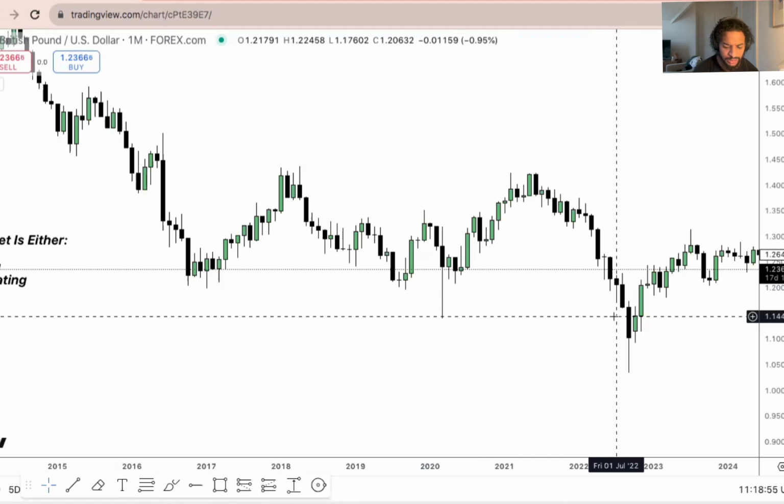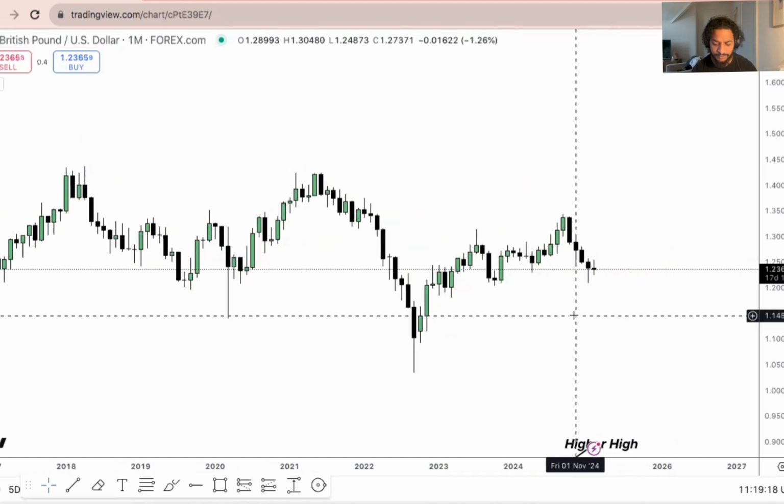When it comes to understanding the trend, what was happening in 2019 isn't relevant now. We're 6 years on. 2020, COVID times, or 2021, when the markets were getting back into reversal trends, we shouldn't be focused on those periods.